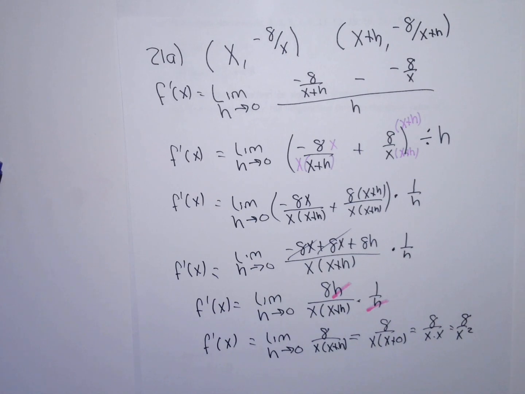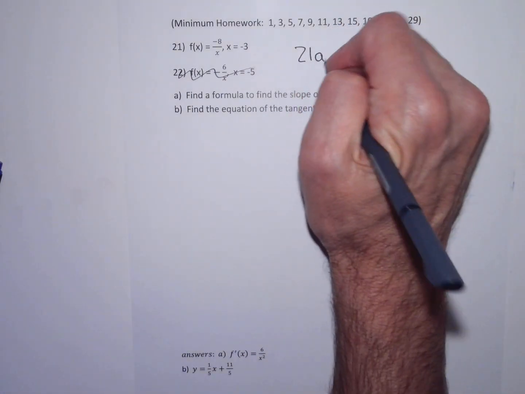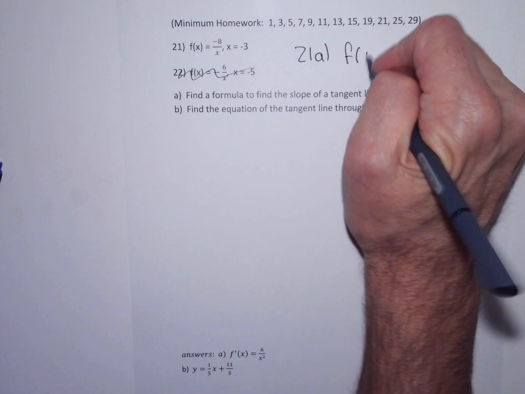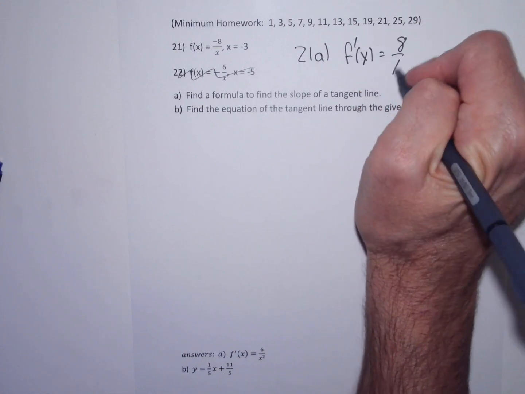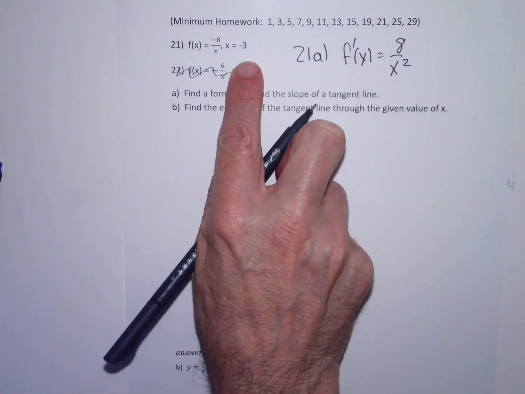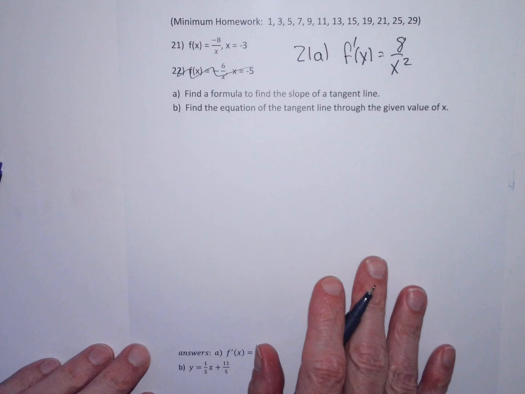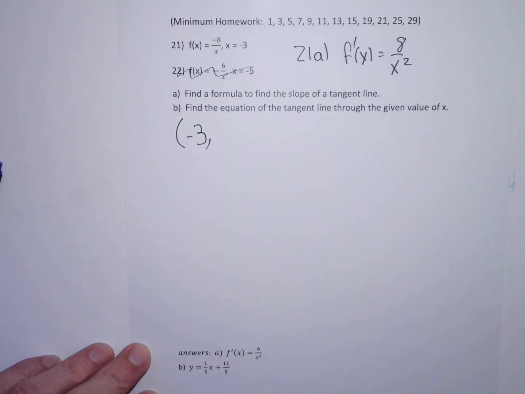So I'm going to write that down, and I'm going to use that to find the slope of my tangent line, and I'm going to get the answer for the equation of the tangent line. So for part A of 21, the derivative is 8 over x squared. Part B wants me to find the equation of the tangent line when x is negative 3. Not fun, but I'll deal with it. When x is negative 3, the x-coordinate of the point is negative 3.